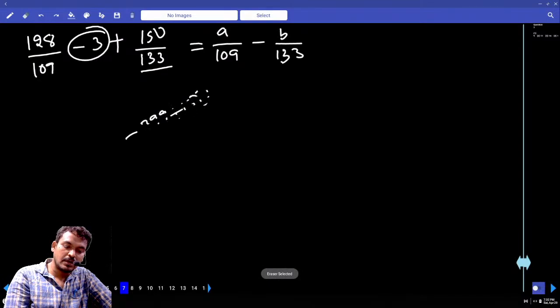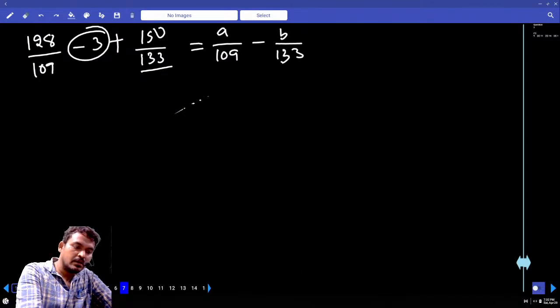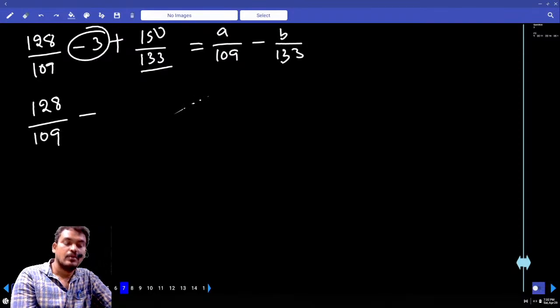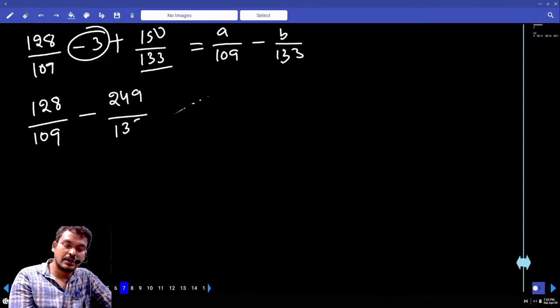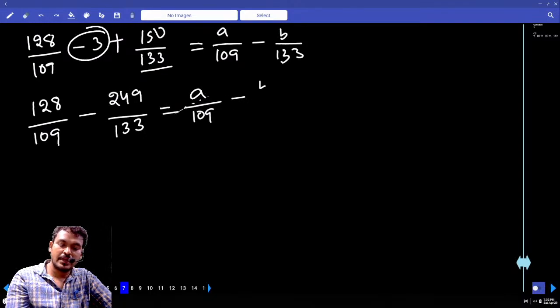Minus 249. This one I written as 128 by 109 minus 249 by 133, that is equal to A by 109 minus B by 133.